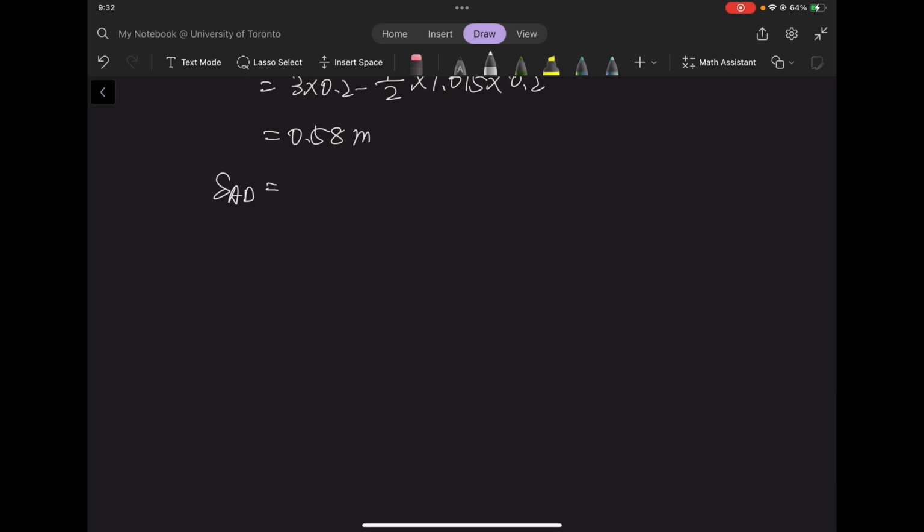SAD is equal to R plus SAC, equal to 0.15 plus 0.386, equal to 0.536 meter.